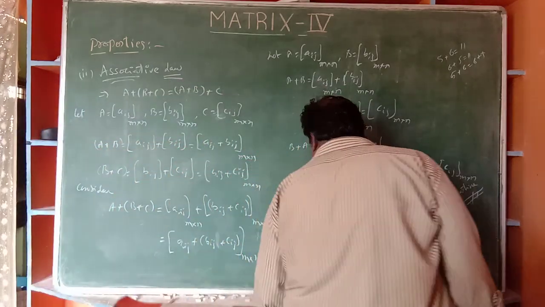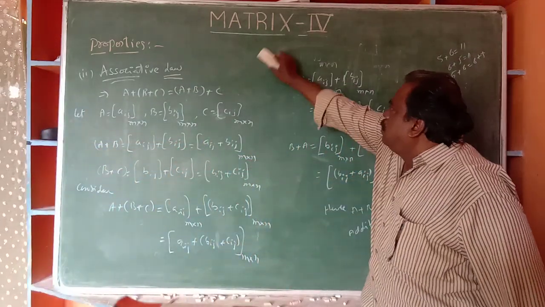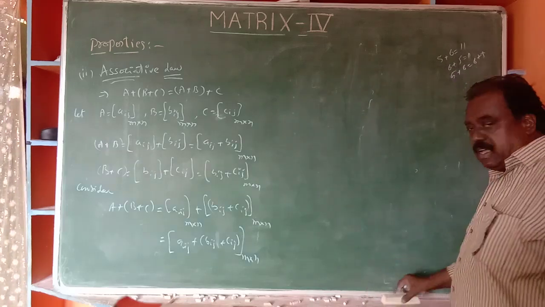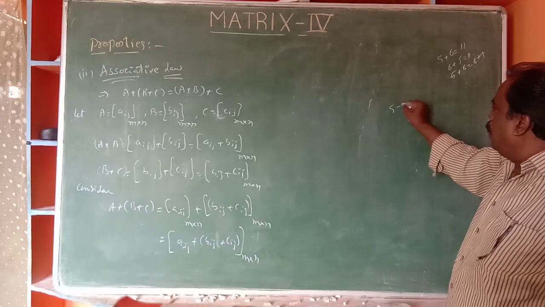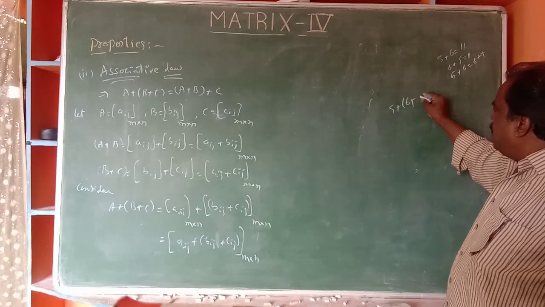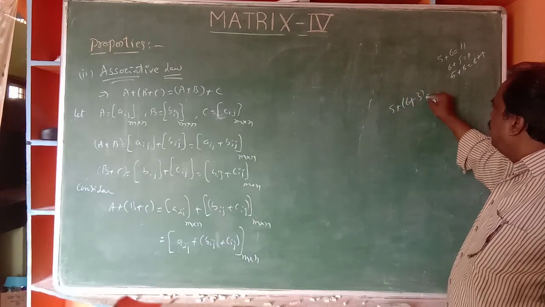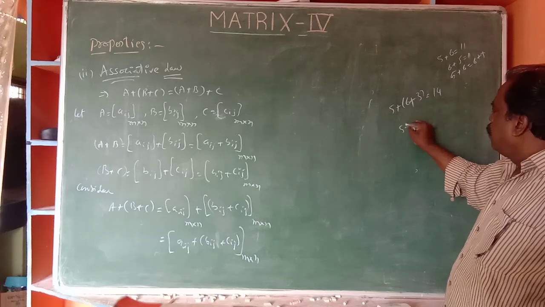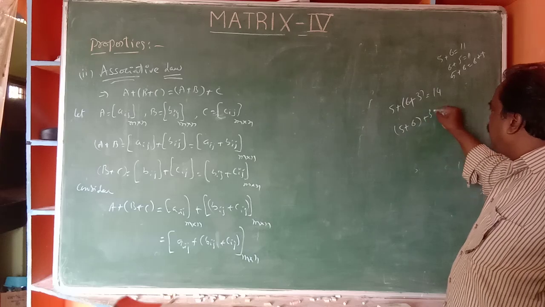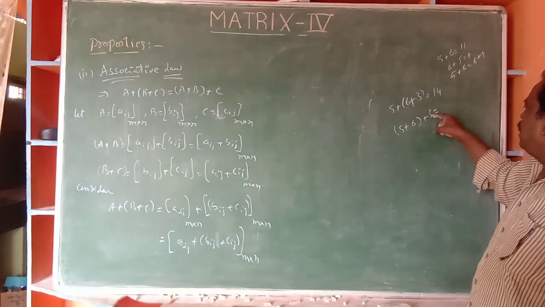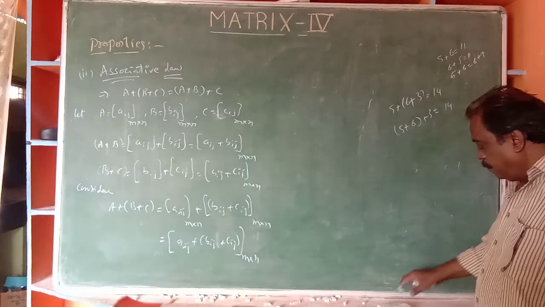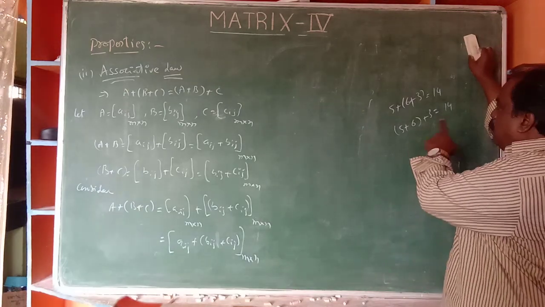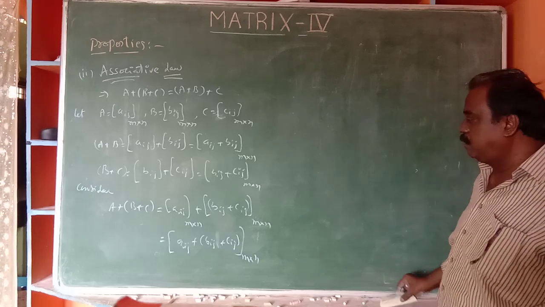The real numbers are associative. You see, 5 plus 6 plus 3 is 5 plus 9, 14. 5 plus 6 is 11, 11 plus 3 is again 14. So the real numbers follow the associative law.